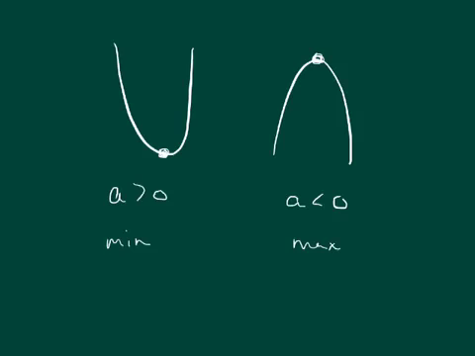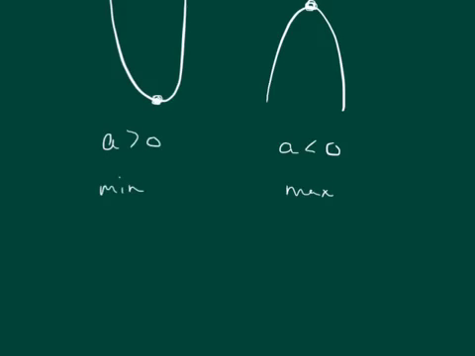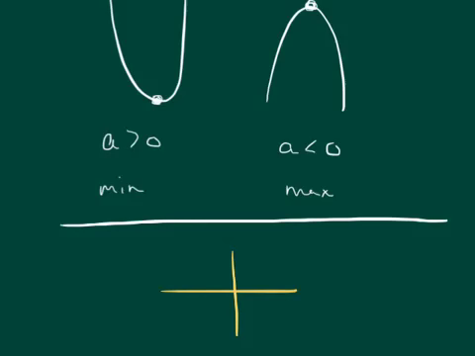So on a graph, if we had something such as this, okay, let's say that was the coordinate. You would say there is a maximum value of 8 located at 2.